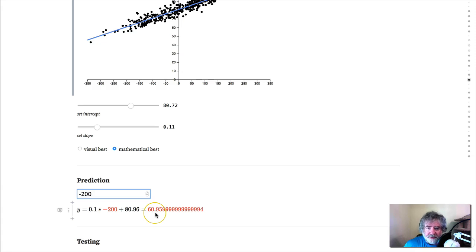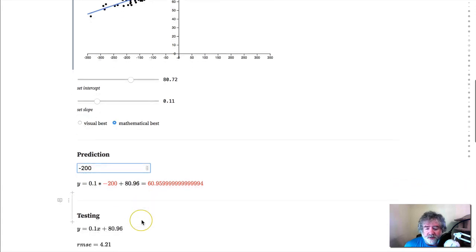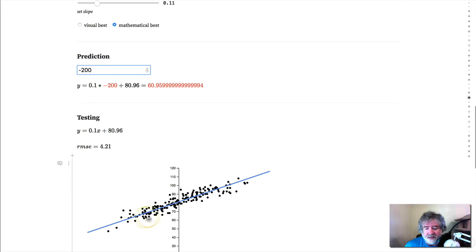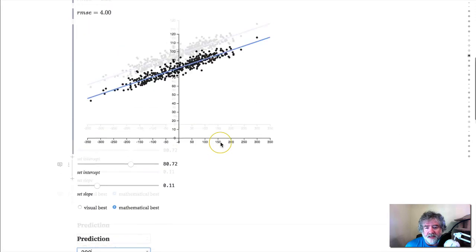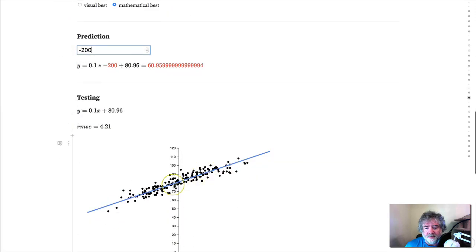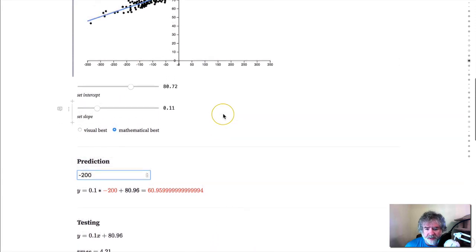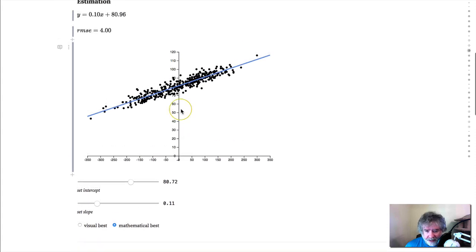And so how well does it do? What if we take a whole bunch of data, make these predictions, and then compare them to what really happened? Because we have this data from 2013 to 2018, we know what happened. So that's what I'm doing here. This is the test set, and you can see that there are not as many records, about 30%. The line here is the best mathematically fitting line that we came up with.